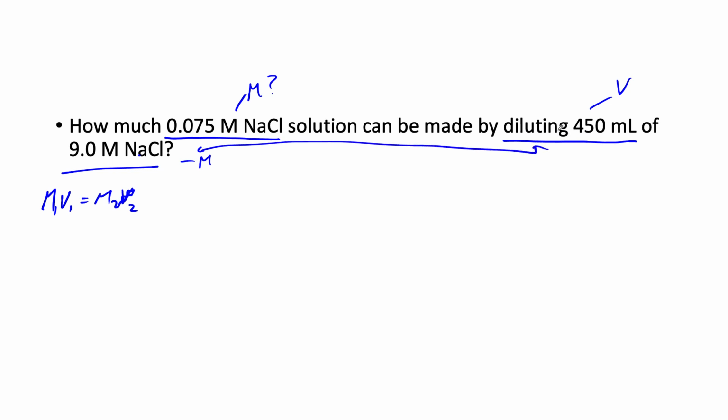It's diluting, say, 450 milliliters of a 9 molar solution. So since this is a higher concentration, M1 is 9.0 molar. And this is what I want to stress: the highest concentration is usually M1.